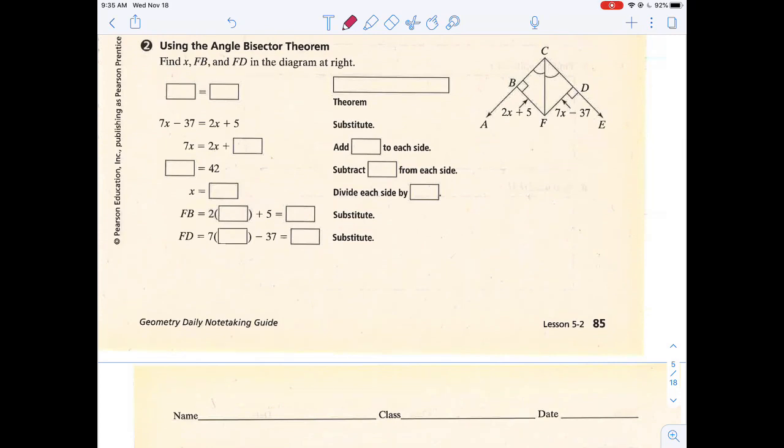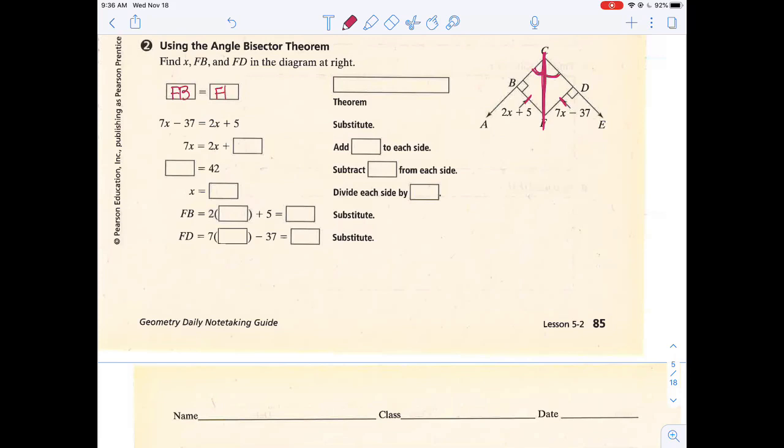Okay, number 2. This is where we're actually doing a little bit of math. Using the angle bisector theorem, find x, FB, and FD in the diagram at the right. So, notice, this angle is congruent to this angle. That means this has to be the angle bisector, because it cuts the angle exactly in half, which means that this side and this side are equal.